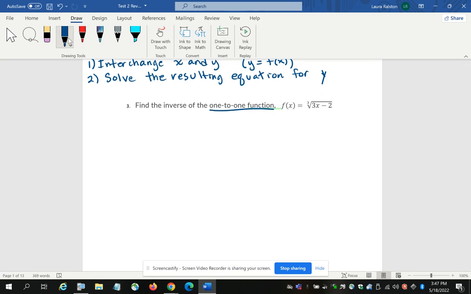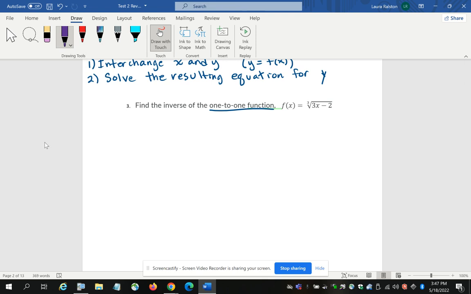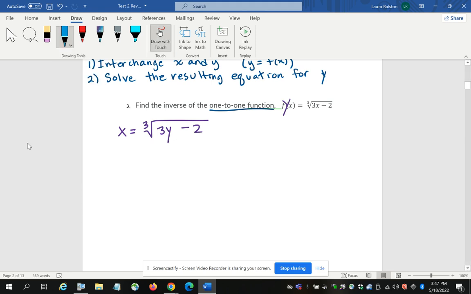So if I do that for this particular problem, I have x equals the cube root of 3y minus 2. Remember that f of x is y, and we're going to interchange x and y. And then I need to solve that equation for y.